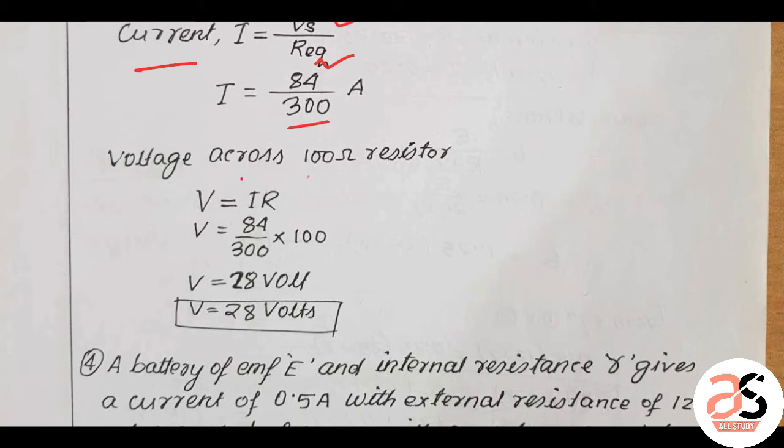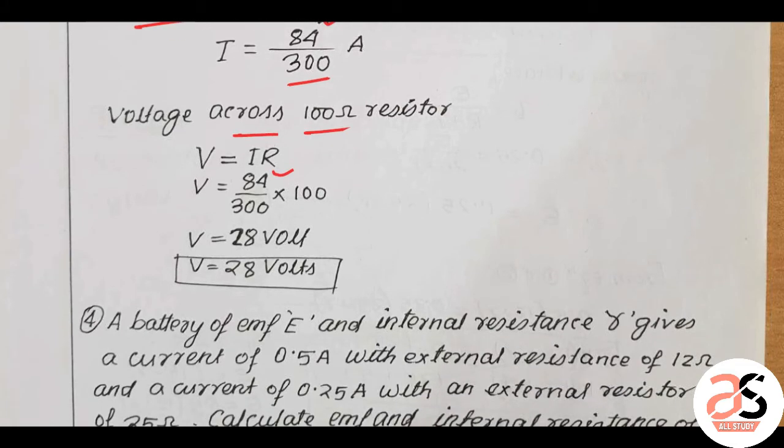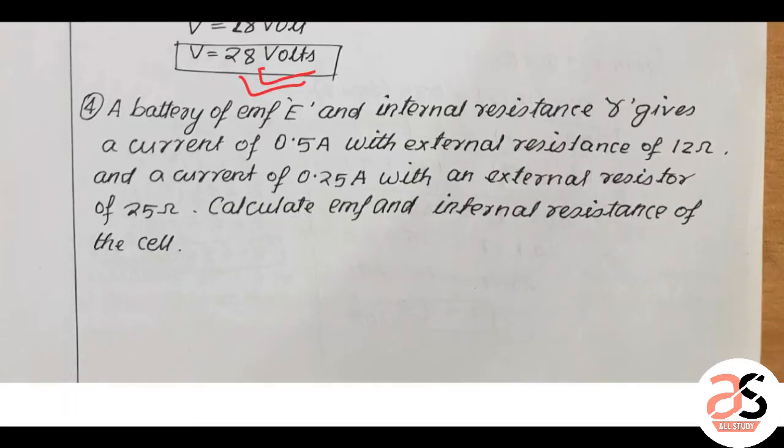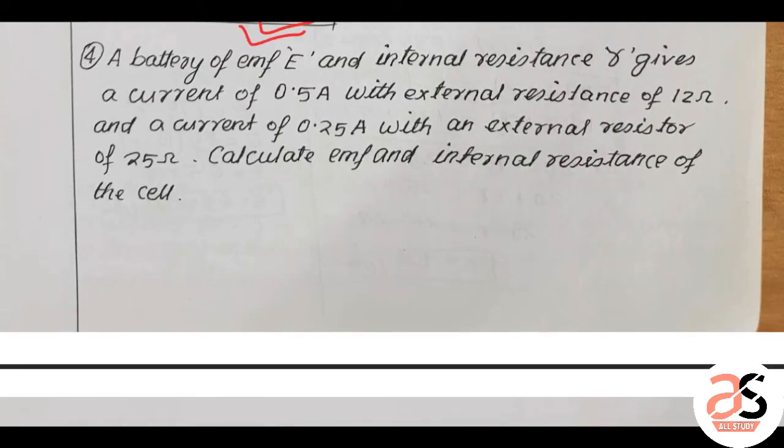So voltage across the 100 ohm will be current into resistance, which is 84 by 300 times 100. So finally 28 volt.